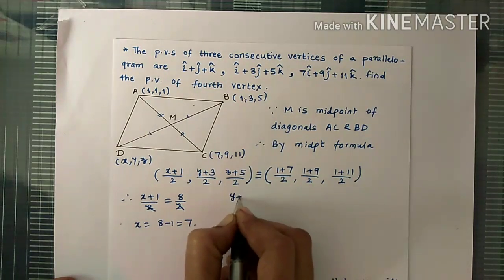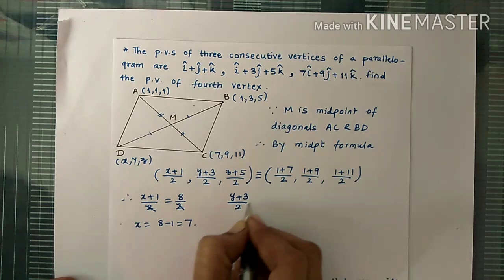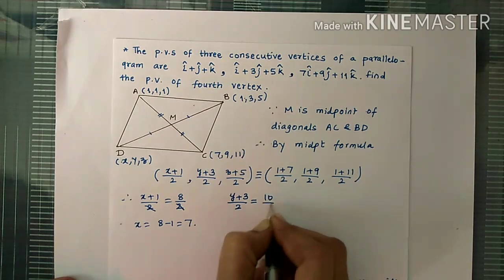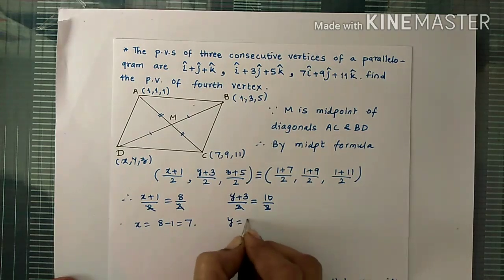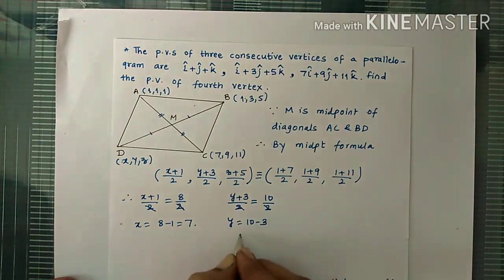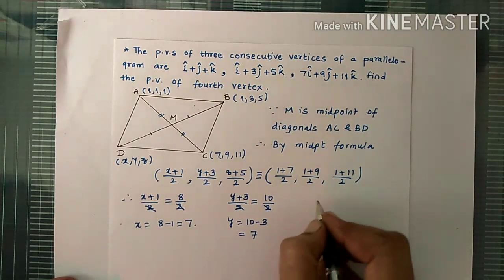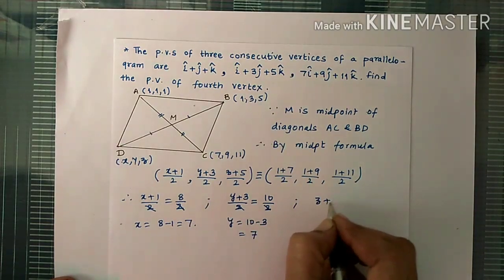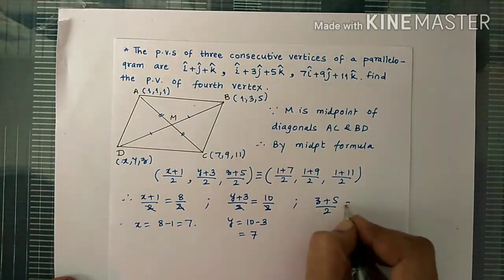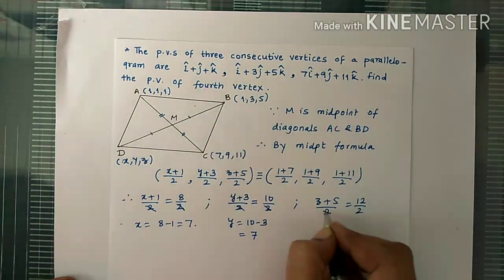Now equating the y coordinates, y plus 3 upon 2 equal to 10 upon 2. So again cancel this 2. So y is 10 minus 3 and this is also 7. And for z coordinates, we have z plus 5 divided by 2 is 12 by 2.